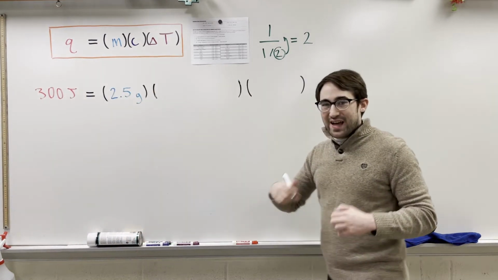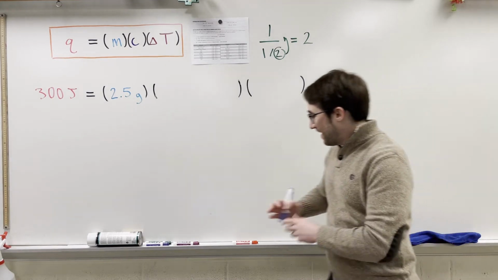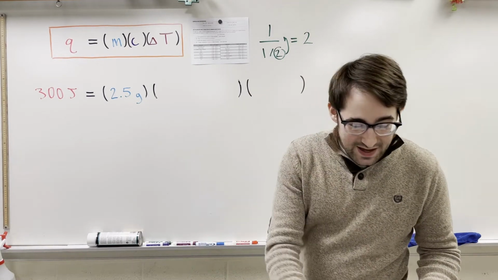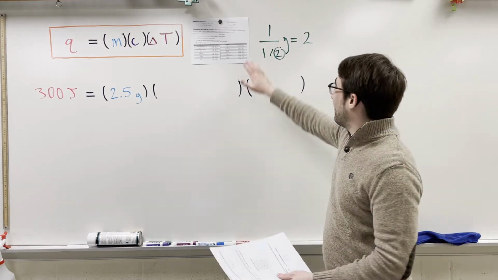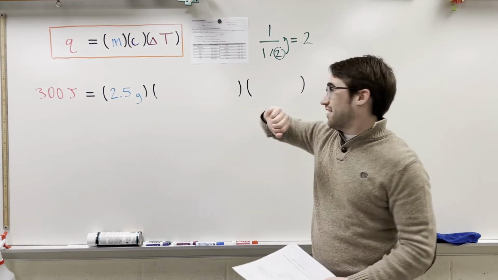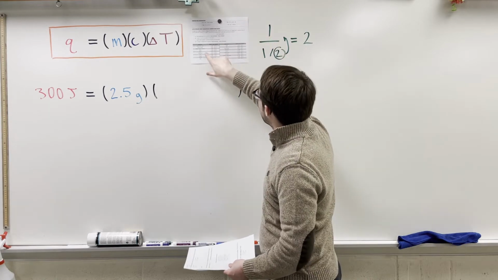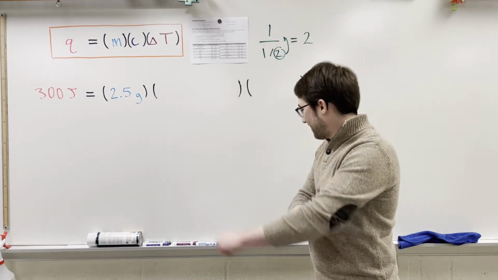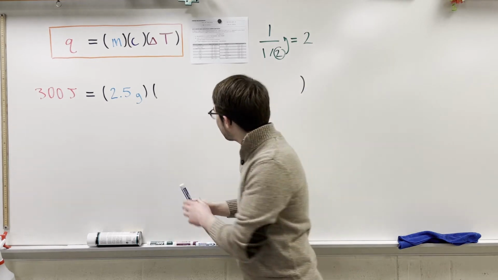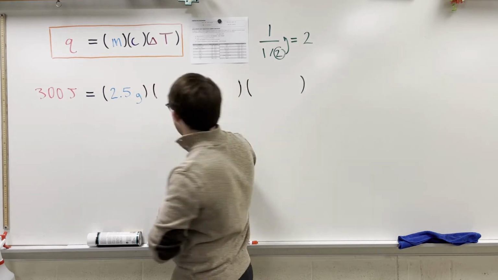Now the problem doesn't tell me what the specific heat capacity of the stuff is, but it does tell me that we're dealing with silver. And I can look up specific heat capacity of silver on my sheet right here. So I'm going to find silver. It's right there. 0.235 joules per gram degree Celsius. So I'm going to plug that in for my specific heat capacity.